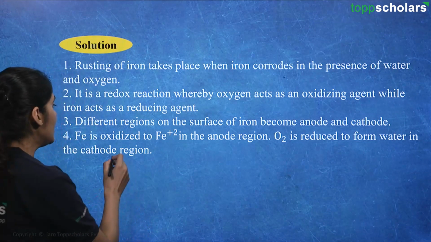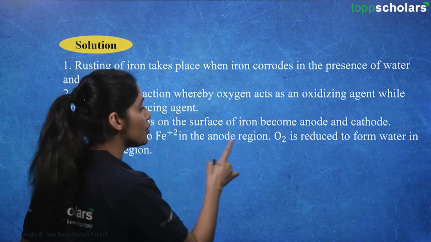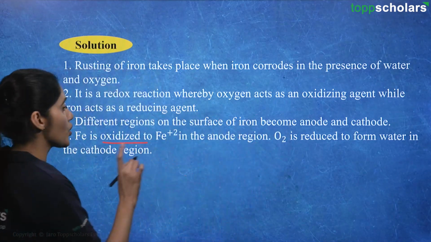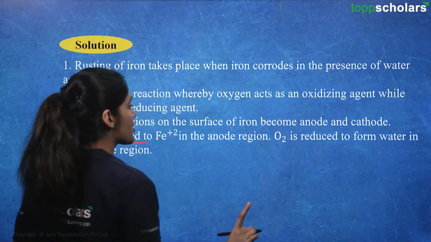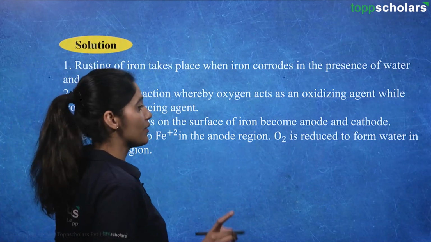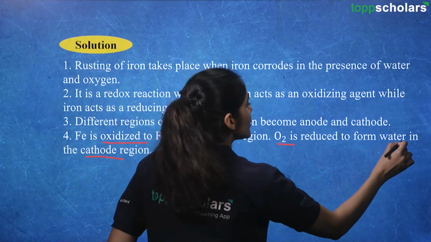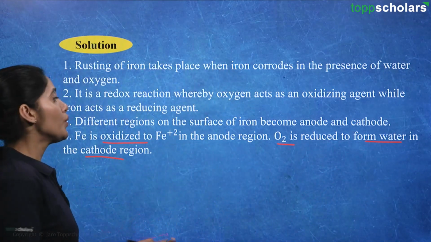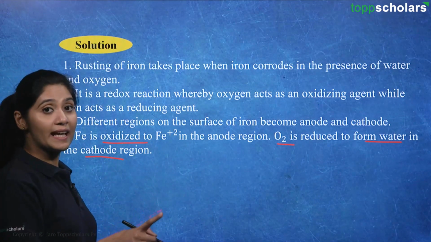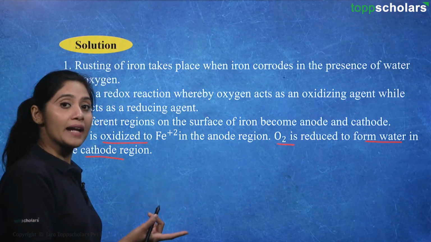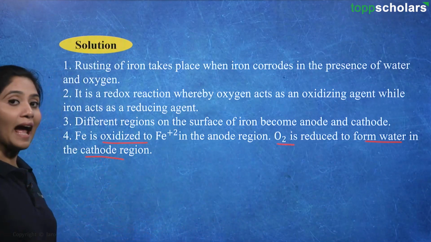That is the oxidation reaction we are talking about, and it takes place in the anode region. Where is the reduction taking place? In the cathode region. What is getting reduced? Oxygen is getting reduced to form water, right? So Fe is getting oxidized in the anode region and oxygen is getting reduced to form water in the cathode region.